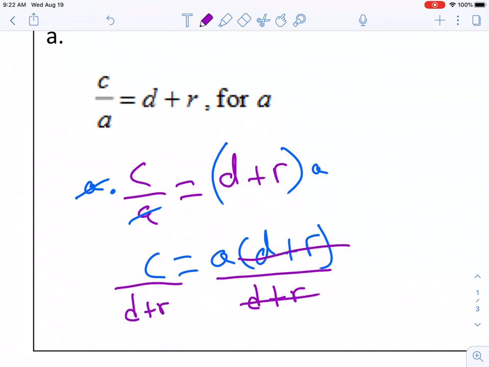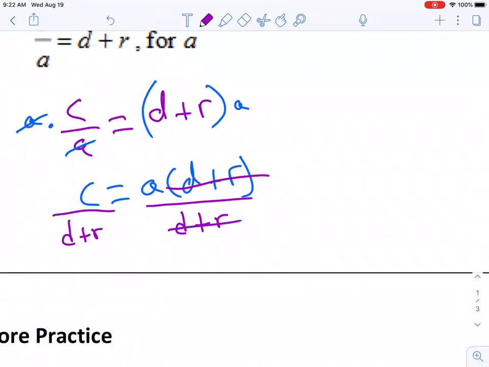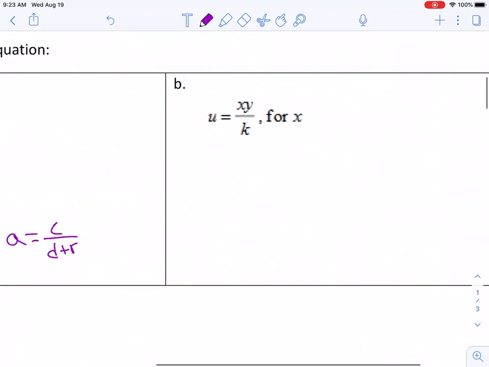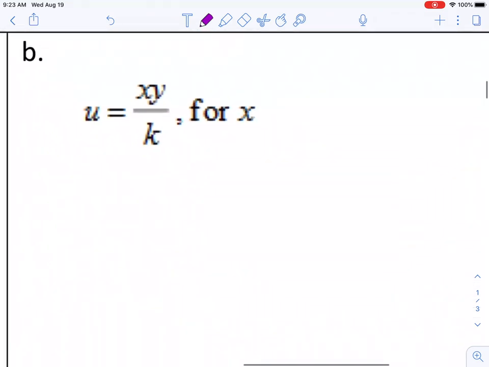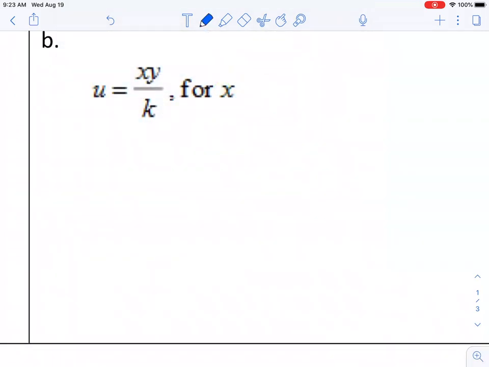And those will cancel each other out so that a is by itself equals c over d plus r. So these are kind of abstract, but again, we use what we are allowed to do in equations to solve.